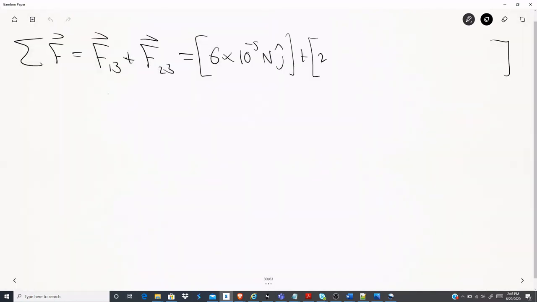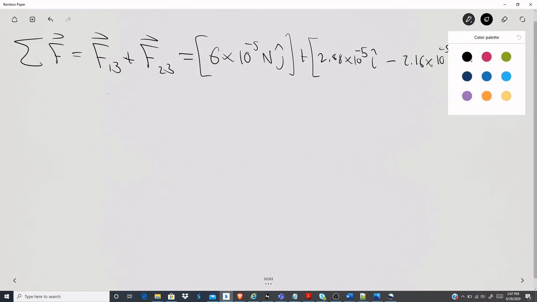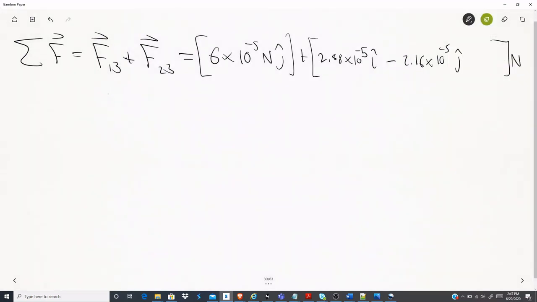So I'll have 2.88 times 10 to the negative fifth i hat minus 2.16 times 10 to the negative fifth j hat. This is all newtons. When I'm adding vectors, you only add like components. The j hat goes with the j hat and the i hat goes with the i hat, but they don't mix.